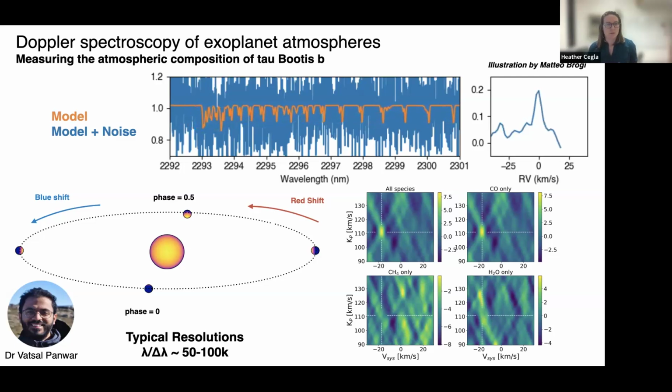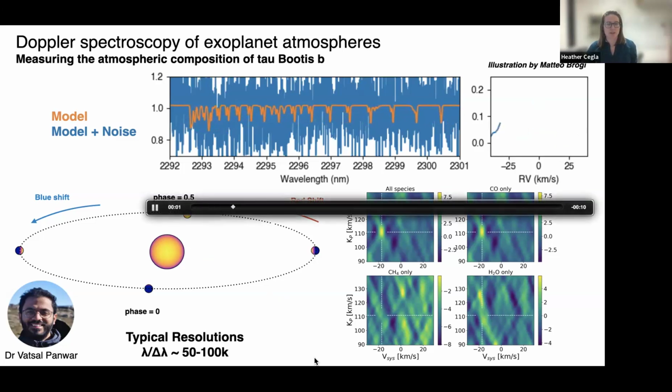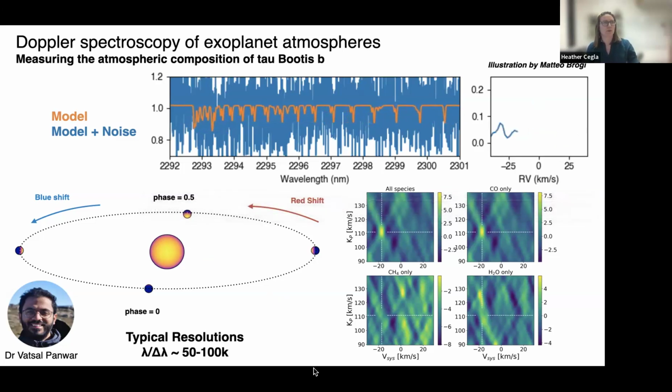Tau Boo b is a non-transiting planet, so the velocity changes over the course of its whole orbit by about 100 kilometers per second. So it's quite a large change in amplitude.